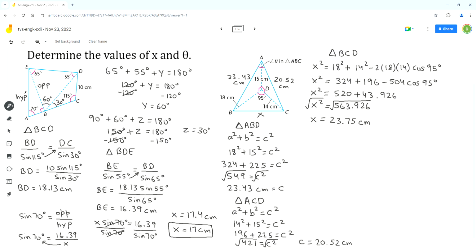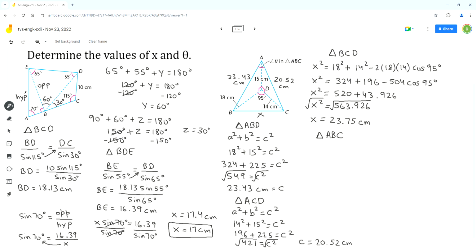Now we can find the measure of angle theta in triangle ABC. We have the lengths of all three sides in triangle ABC. This is the SSS case, so we can use cosine law to find the measure of angle theta.